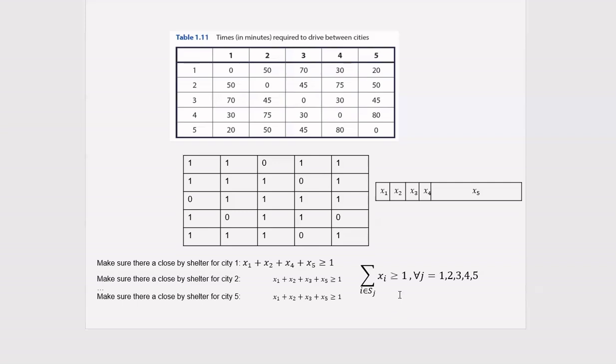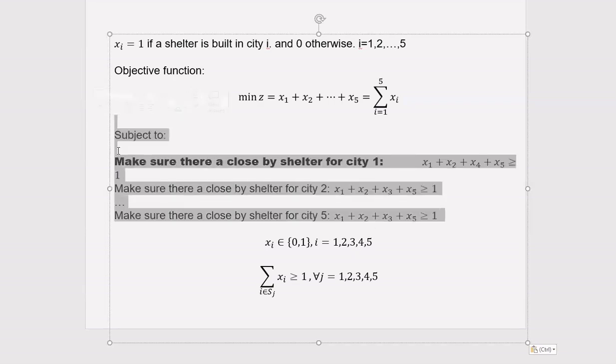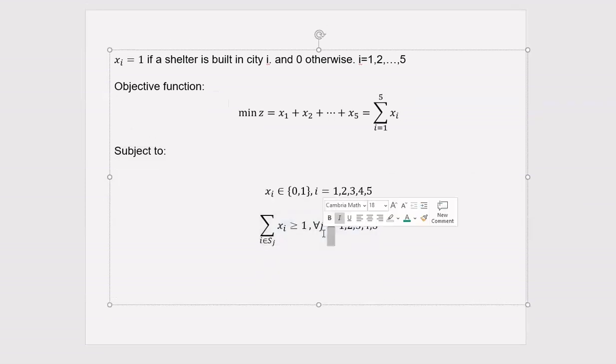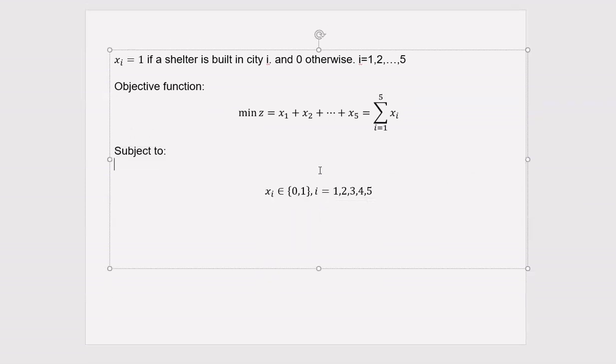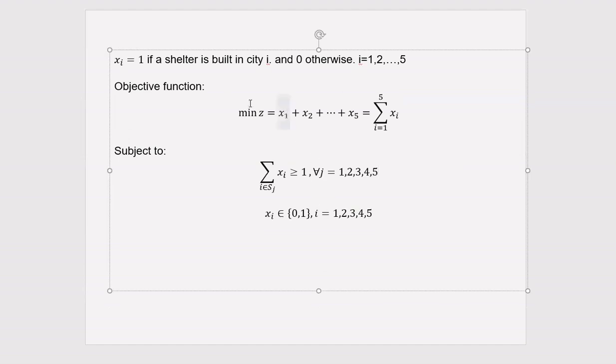So I can rewrite the set covering problem by saying that I'm going to make it as small as possible.